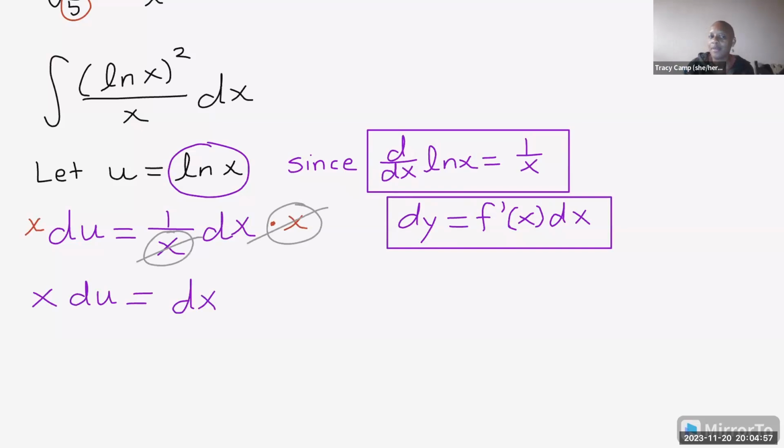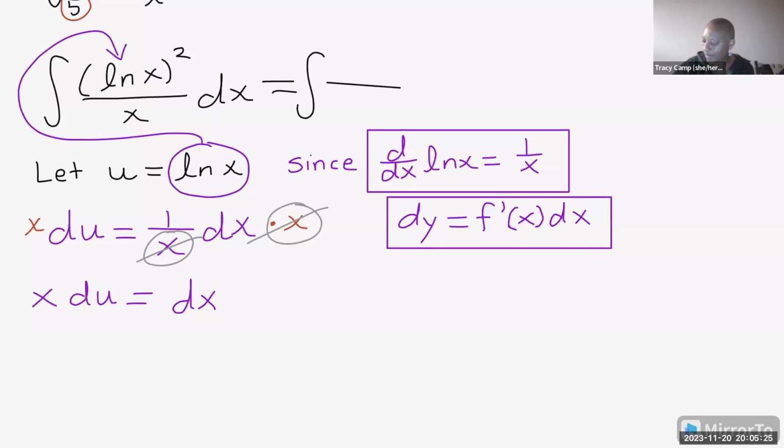Now I'm going to make the substitution, which is why this method is called U substitution, because we're substituting u in. So I'm going to go back up to my original antiderivative, and I will replace my natural log of x with u.